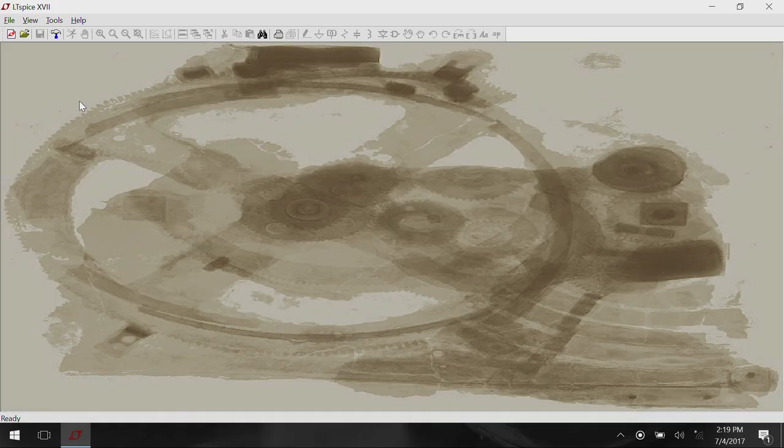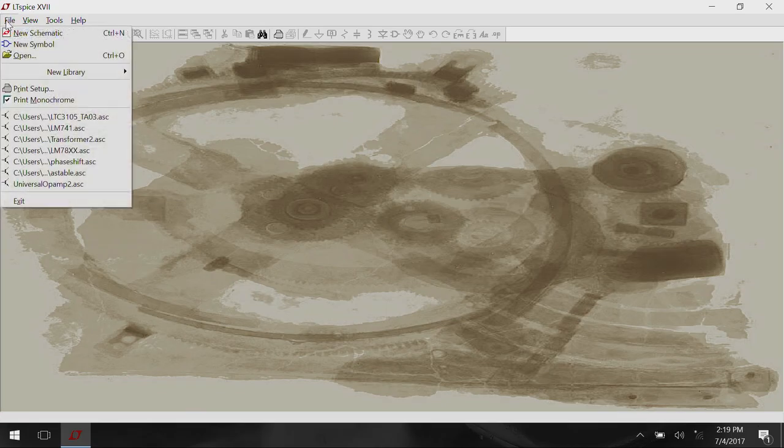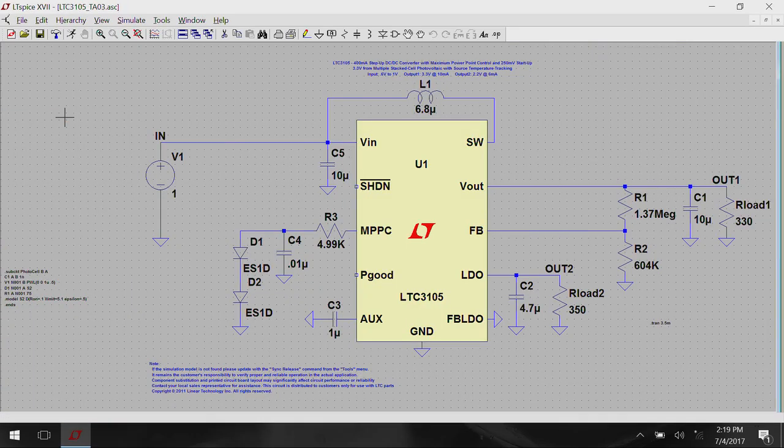You can download LTspice from the web quite easily. You can install it, it is not a heavy file, install it and then open and import the LTC3105. You see this is LTC3105.